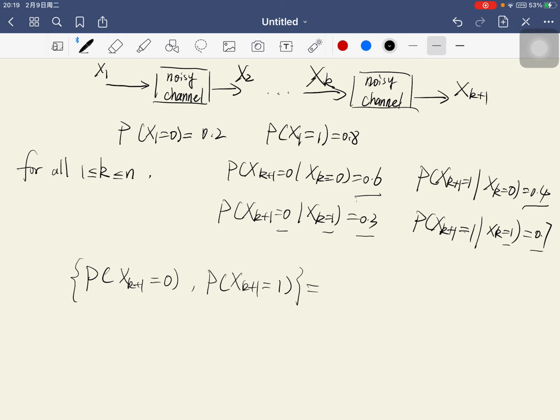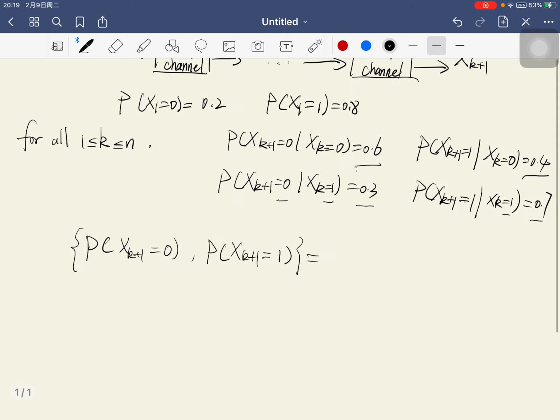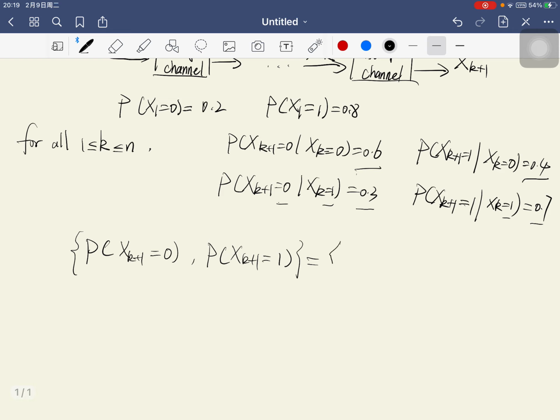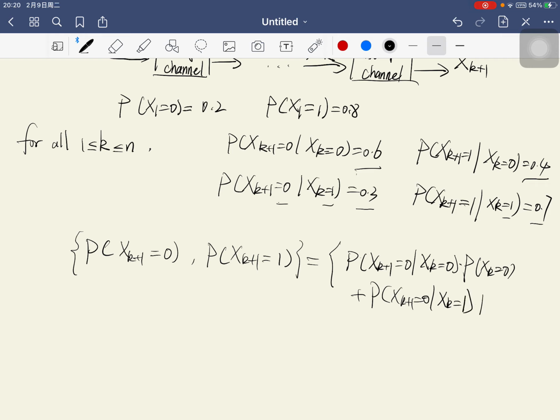The probability of xk plus 1 equals 0 is equal to the probability of xk plus 1 equals 0 given xk equals 0, times the probability of xk equals 0, plus the probability of xk plus 1 equals 0 given xk equals 1, times the probability of xk equals 1.